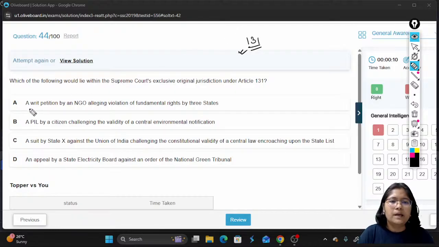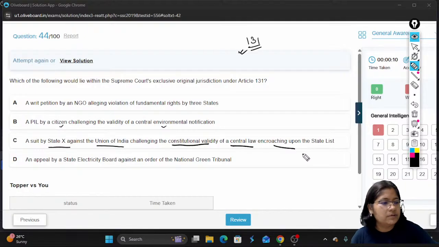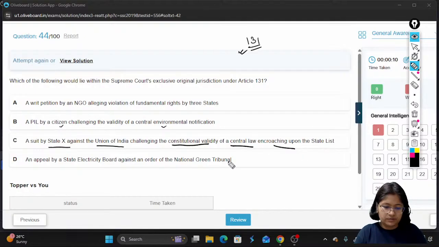A writ petition by an NGO alleging violation of fundamental rights by 3 states, a PIL by a citizen challenging the validity of central environmental notification, a suit by state X against the Union of India challenging the constitutional validity of a central law encroaching upon the state list. So just look at the option.